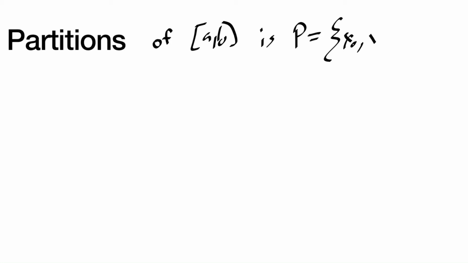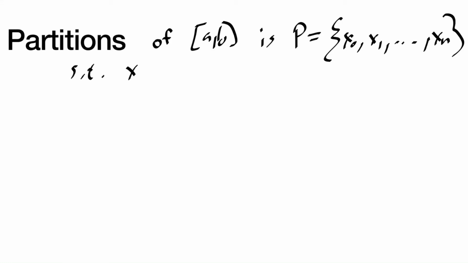So to start, we're going to think about a partition. And what is a partition? A partition of some set [a, b] is really just a set of points. We'll call it x0, x1, all the way up to xn.